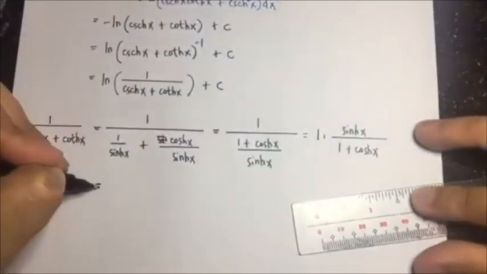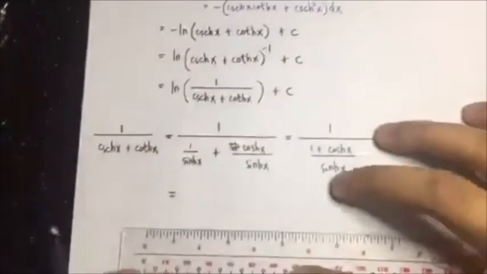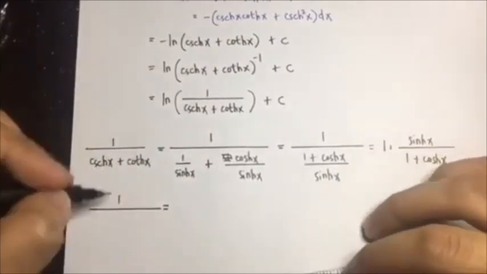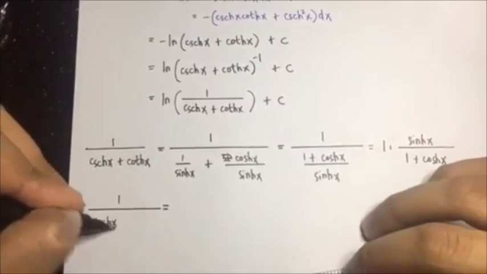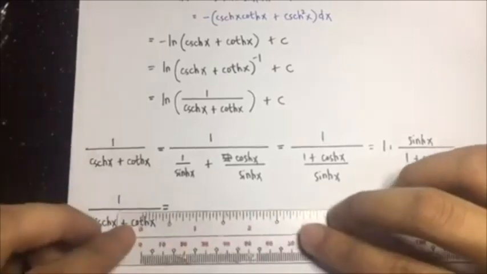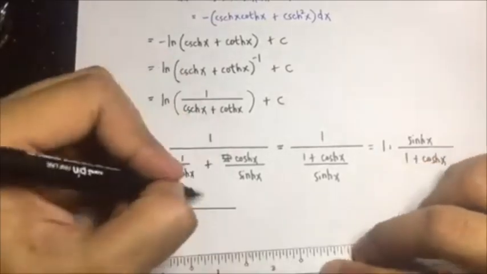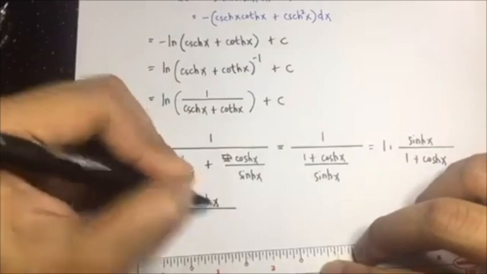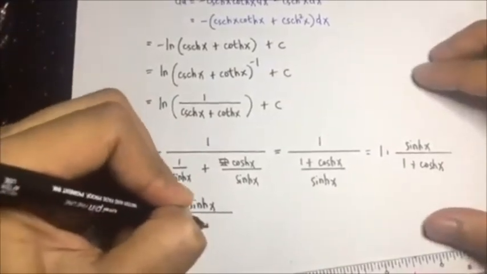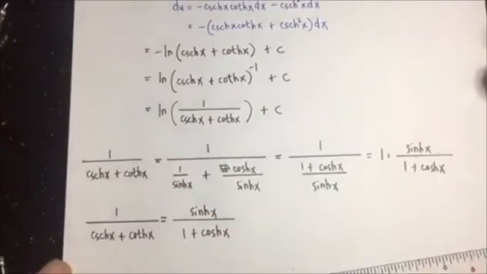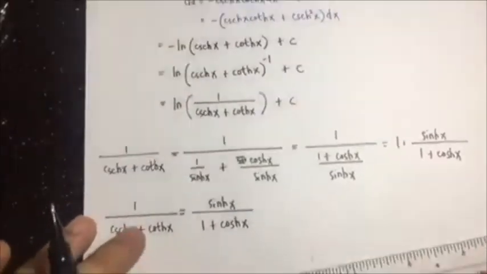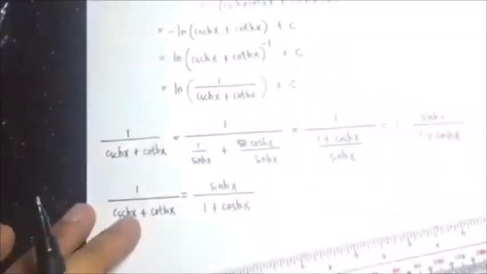So therefore, we can say that 1 over hyperbolic cosecant of x plus hyperbolic cotangent of x is equal to hyperbolic sine of x over 1 plus hyperbolic cosine of x.